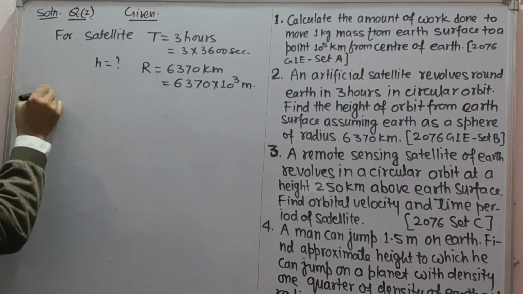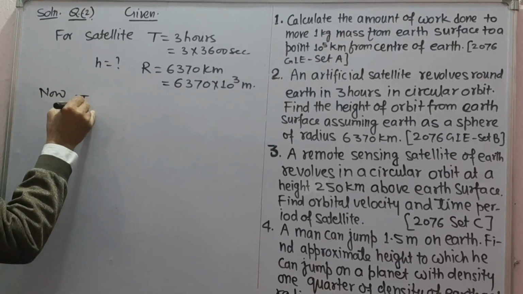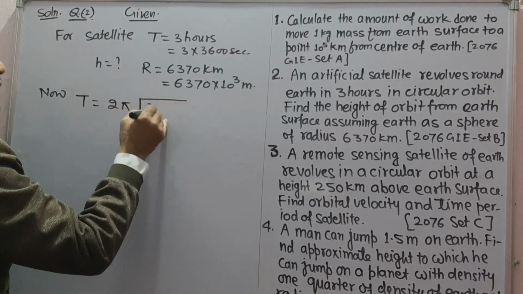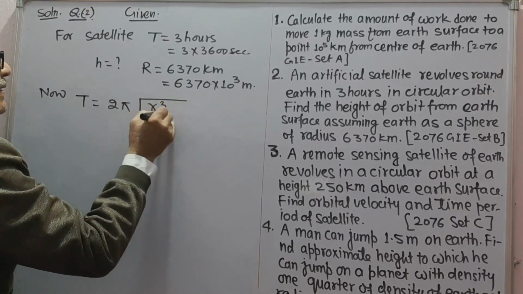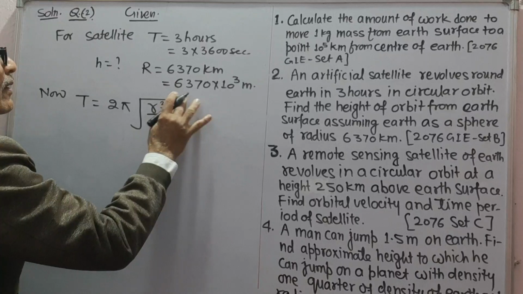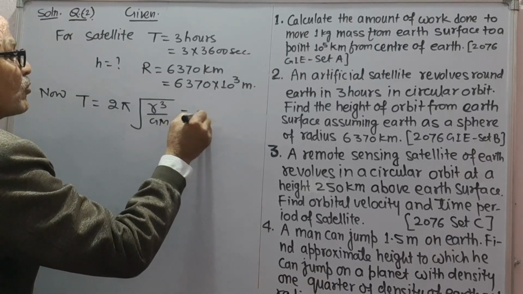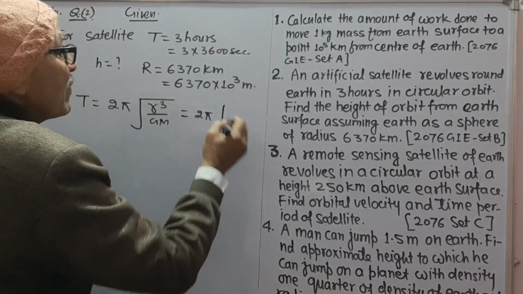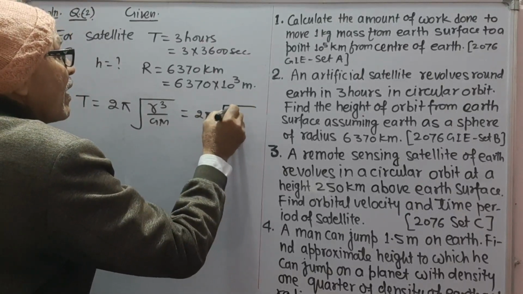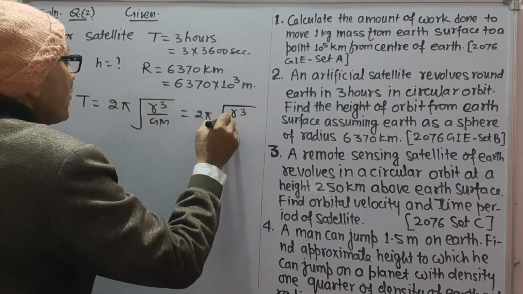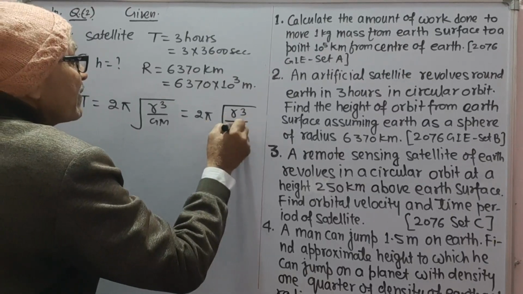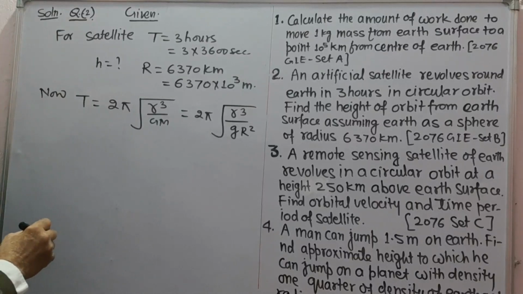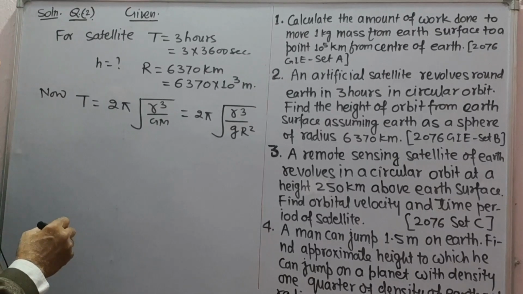Now, time period of satellite is given by 2 pi under root r cube upon GM, which can be written as 2 pi under root r cube upon g R square, because small g is equal to GM upon R square.